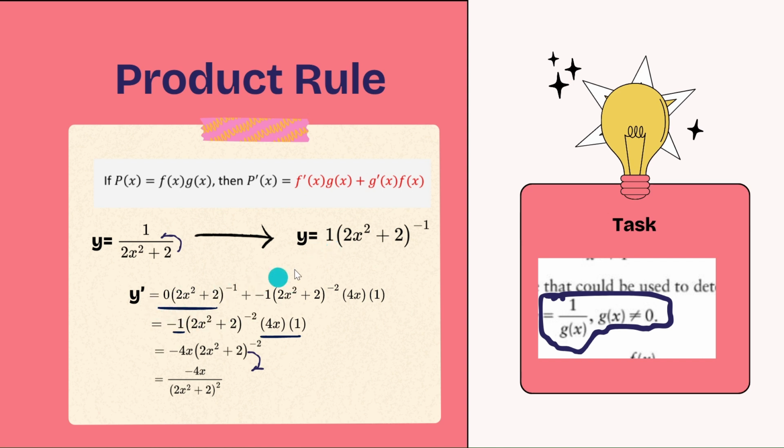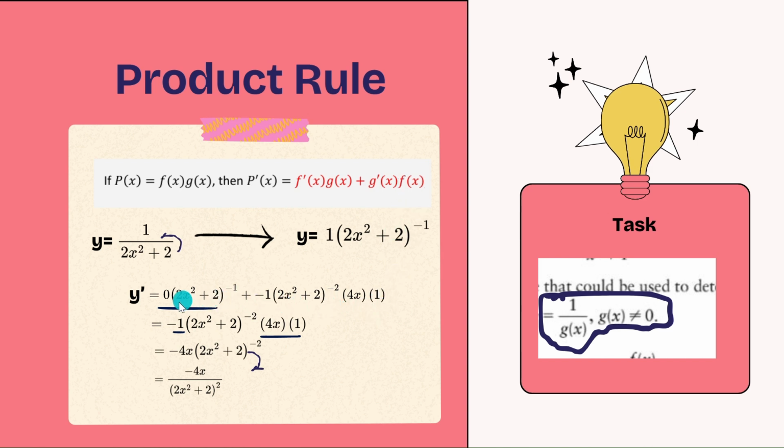f prime of 1 is 0, multiplied by our new g of x function, which is this whole thing, plus g prime of x. To find the derivative of this, we would multiply negative 1 by this whole thing to the power of negative 1 minus 1, which gives us negative 2, and then multiply that by the derivative of the inside, which is 4x, and then multiply it by f of x, which is 1.